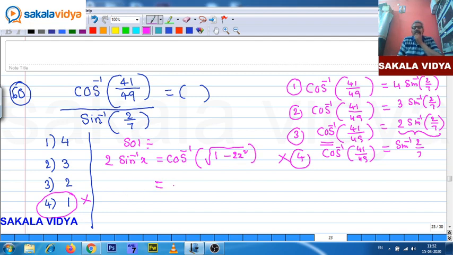So now 2 sin inverse 2 by 7, let us find out. This will be cos inverse of 1 minus 2 into x square.